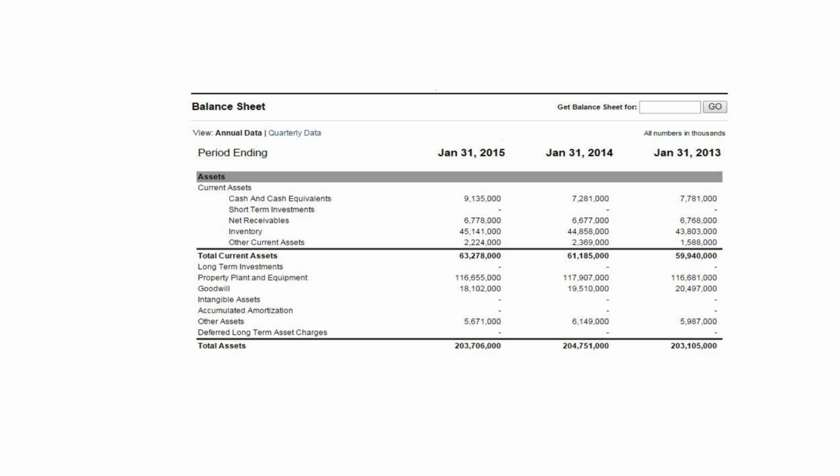Notice that at the very top of this balance sheet, there are three different dates. So there's January 31st of 15, January 31st of 14, and January 31st of 2013. This is what we call a comparative statement. What is done here is it provides us with the same information over a period of time.